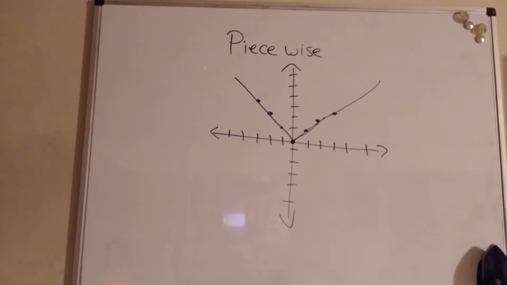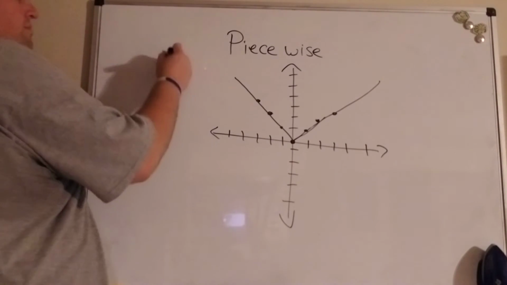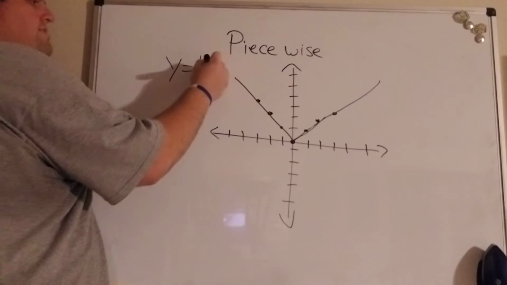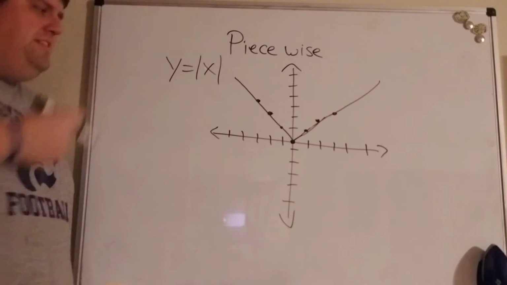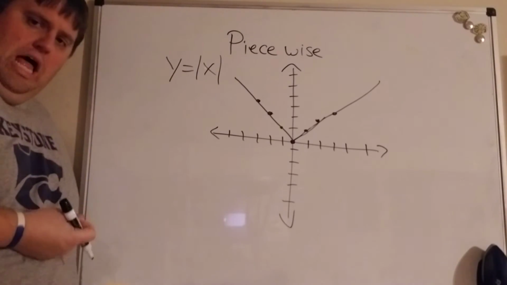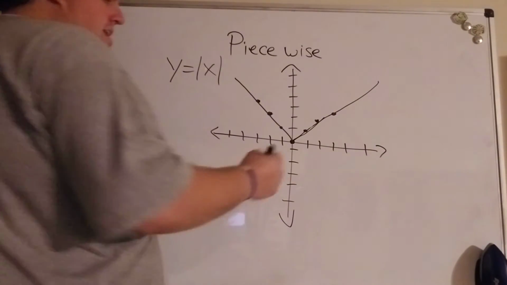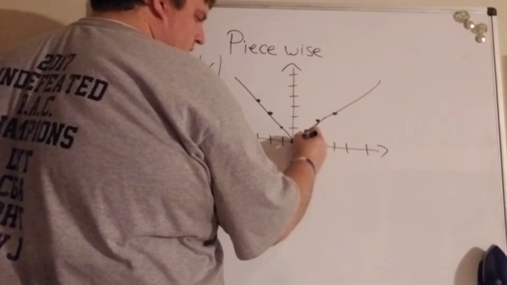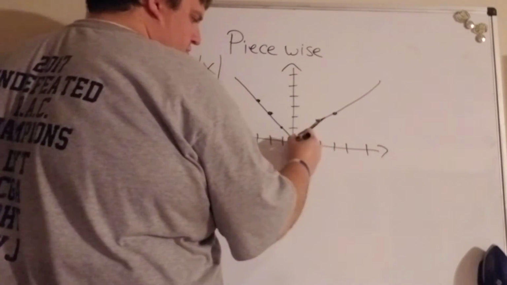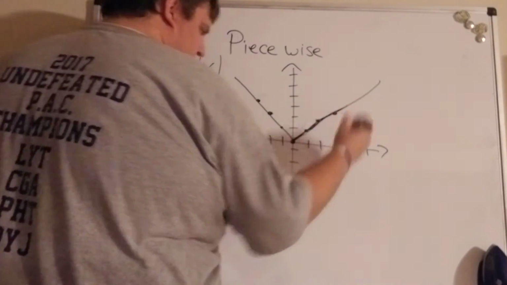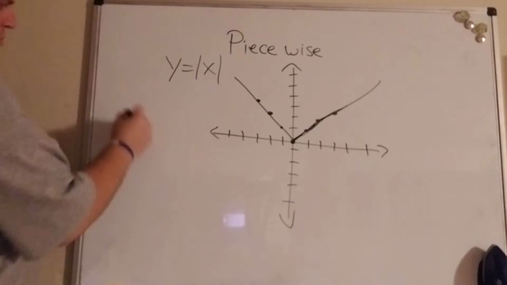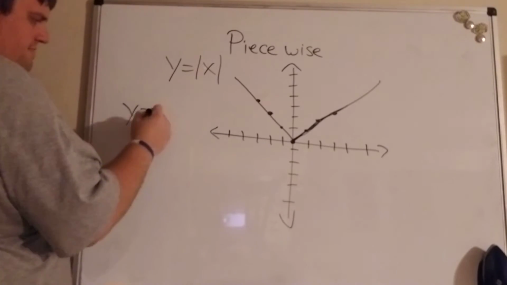So really, where are we getting this from when we do the absolute value of x? Well, we have two lines. We have this line that is increasing at a constant rate of change, and that would just be the line y equals x.